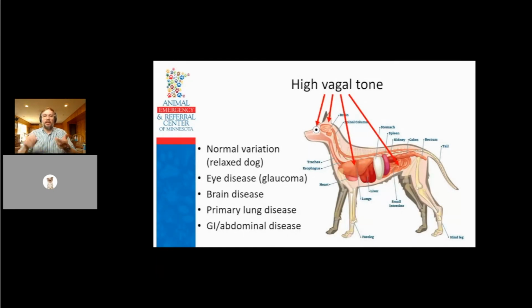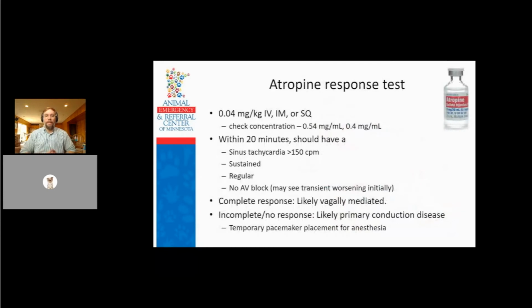So, like glaucoma, intracranial brain disease, primary lung disease, and a lot of dogs with chronic cough not associated with heart failure. A lot of times they'll have slower heart rates or pronounced sinus arrhythmias. Or dogs who are having diarrhea, vomiting, GI issues. So I start to search in those directions for causes of high vagal tone.